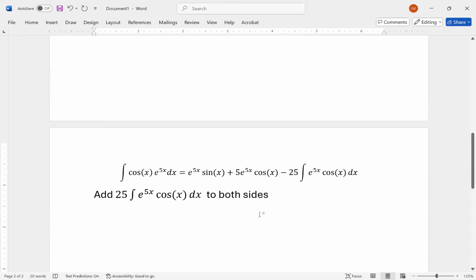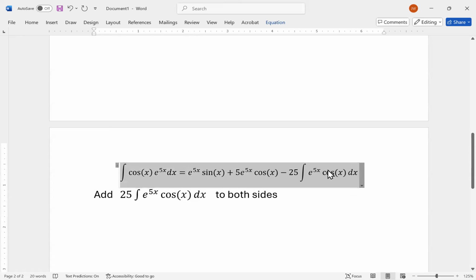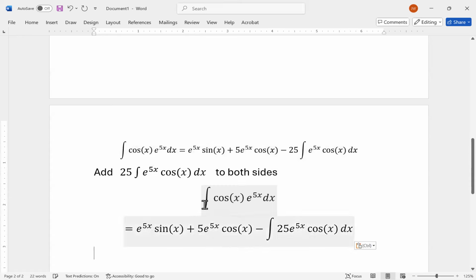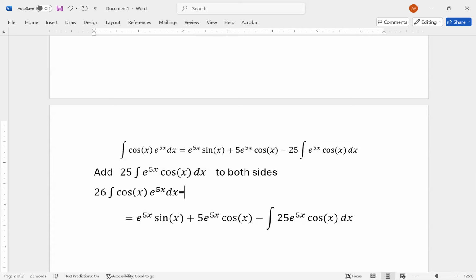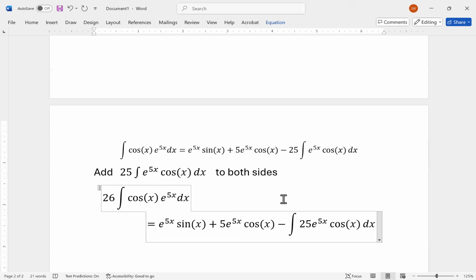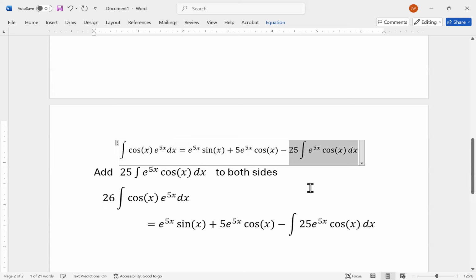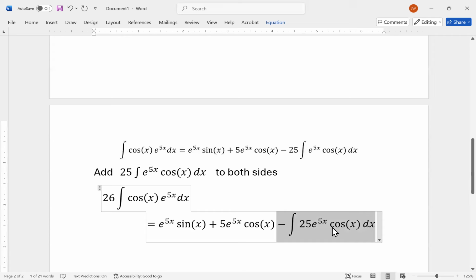If I add 25 times the integral to the left-hand side, I get 26 times the integral, 26 copies of the integral. And then on the right-hand side, this right-hand integration goes away.